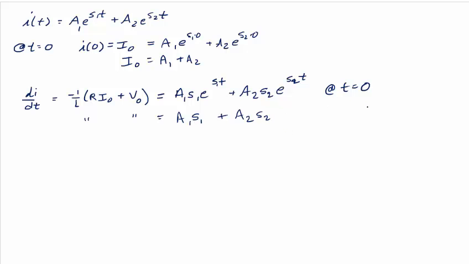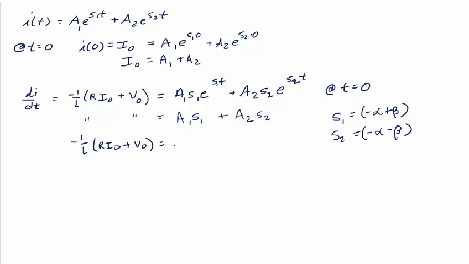We already had our shorthand notation of S1 equals minus alpha plus beta, and our other shorthand was that S2 is minus alpha minus beta. So minus 1 over L times R I0 plus V0 equals A1 times minus alpha plus beta, remembering that these alphas and betas are functions of R, L, and C, plus A2 times minus alpha minus beta.